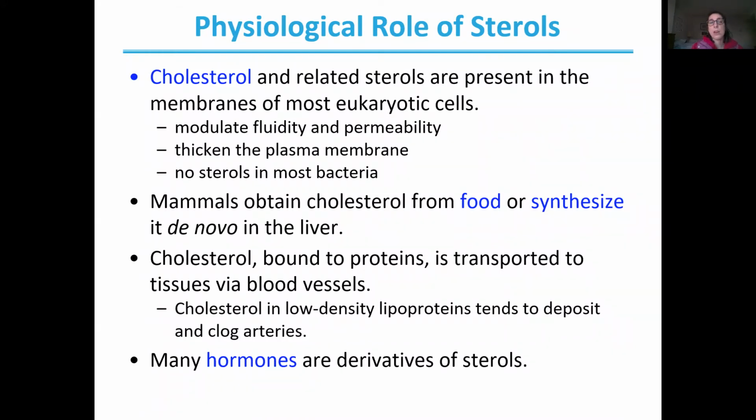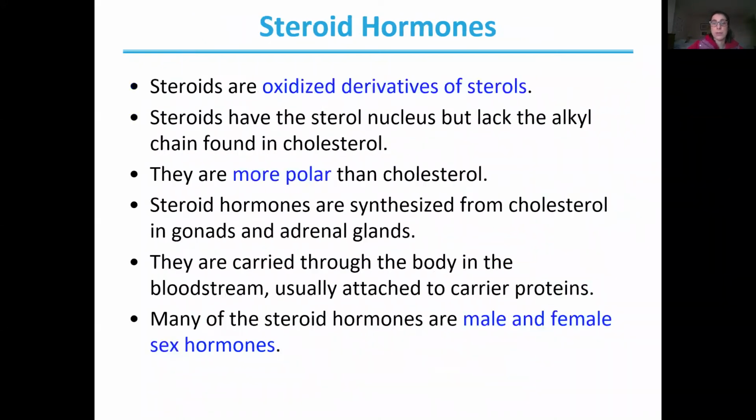Now, again, many of our hormones, as I just went over, are also derivatives of cholesterol and its sterols. So cholesterol itself gets used in cell membranes, but its derivatives can get used as signaling hormones. Many of these steroid hormones, again, these are signaling molecules, that's what hormone means, are based off of cholesterol. They are steroids.